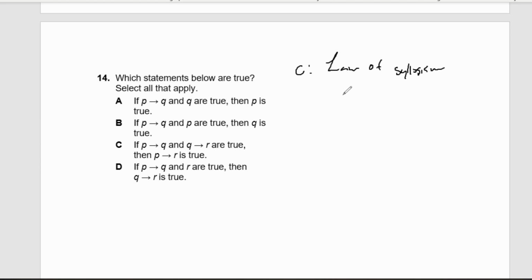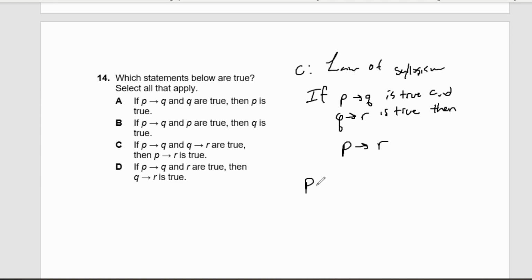And that just basically says if P implies Q is true, and Q implies R is true, then we can say P implies R is true. So think of P as you wake up. Q is you get ready for school.